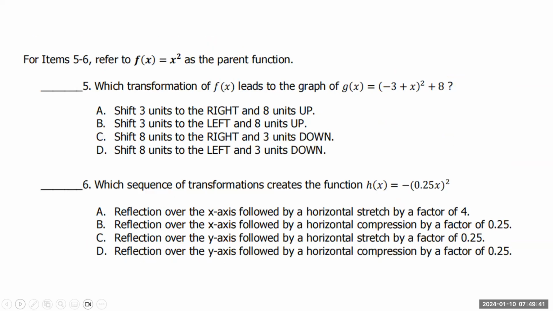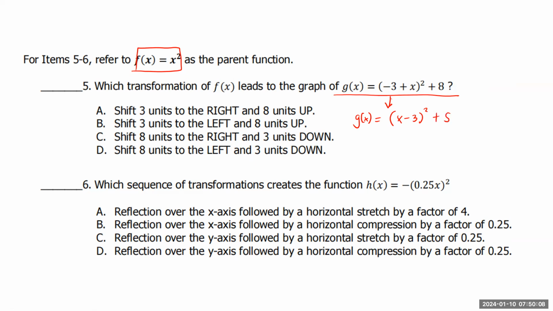For items 5 to 6, we are going to refer to this function as our parent function. Question 5, which transformation of f leads to the graph of G? So this is our G. Okay? So since we have here negative 3 plus x, we can just rewrite our G of x into this form. Negative 3 plus x is just the same as x minus 3.